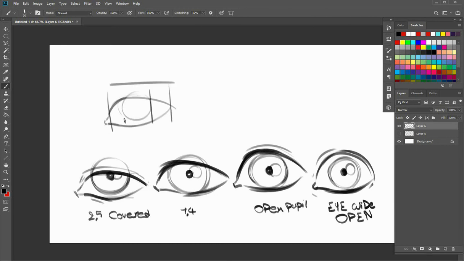The ratio of the cornea to the whole eye is normally half. And the eye inside view is like this. It has an inward slope.